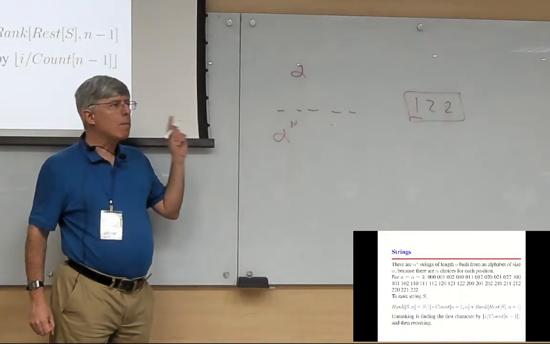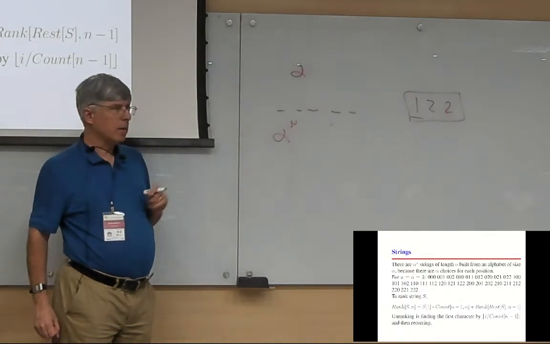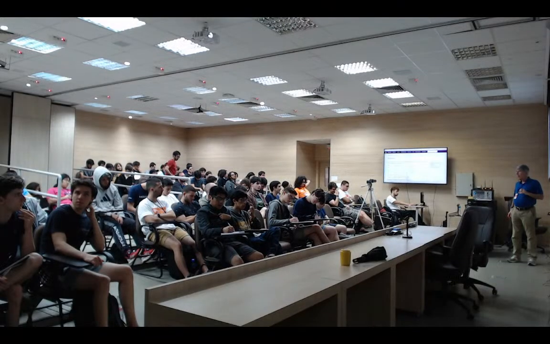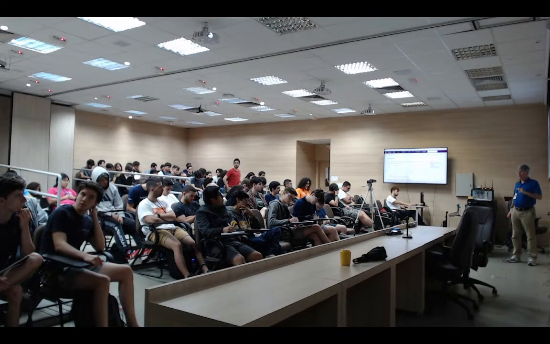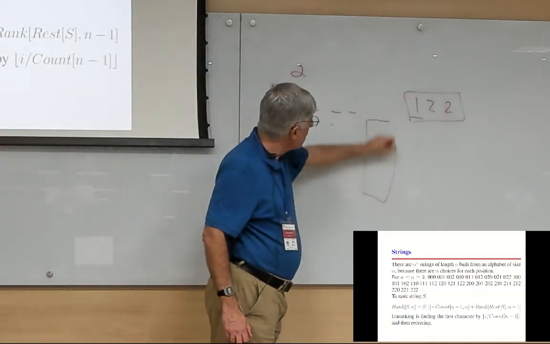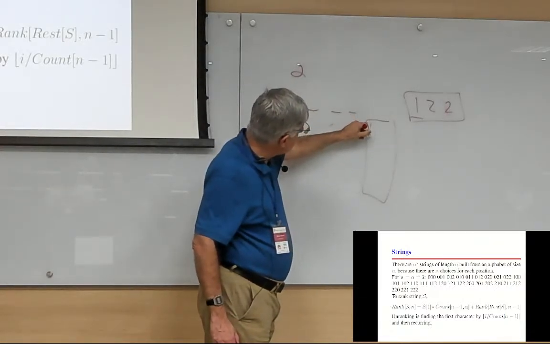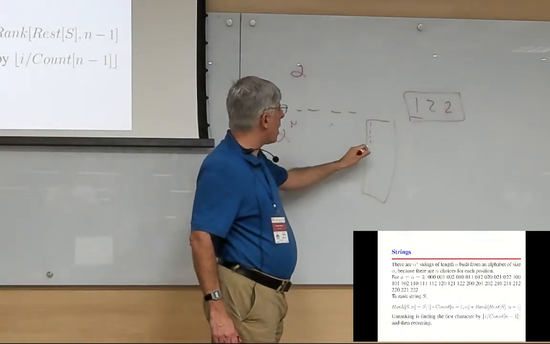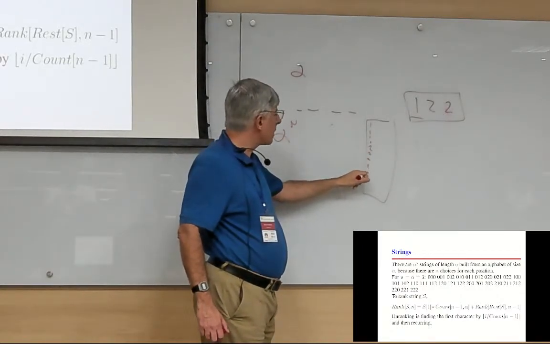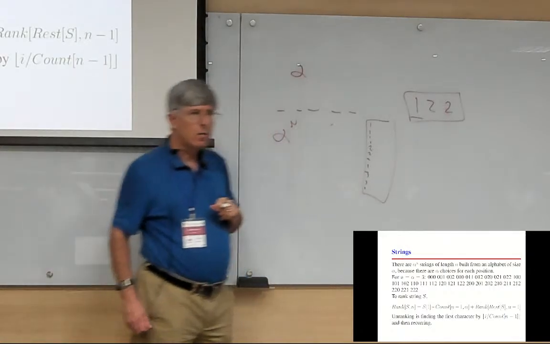What do I know about a string on my alphabet of size 3? If I have them in sorted order, what is it going to look like? We agree that there's going to be a bunch of strings that start with 1, then a bunch of strings that start with 2, and a bunch of strings that start with 3, right?